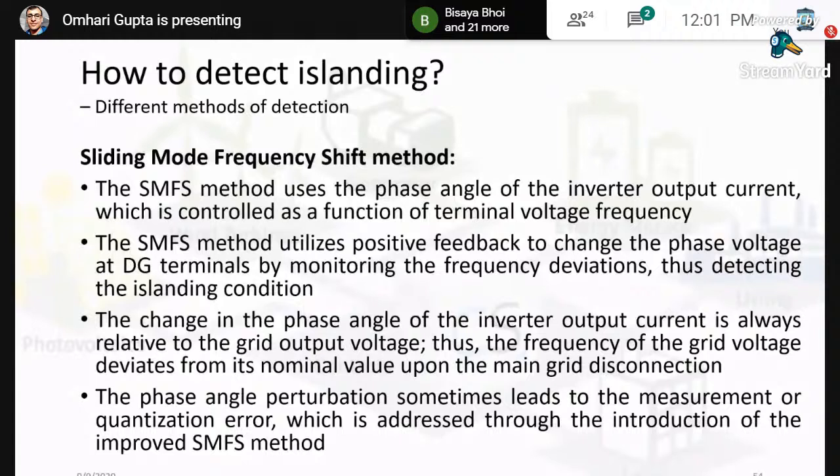Okay. The change in the phase angle of the inverter output current is always relative to the grid output voltage. Thus, the frequency of the grid voltage deviates from its nominal value whenever the utility grid is disconnected. The phase angle perturbation sometimes leads to measurement or quantization error, which is addressed through the introduction of the improved sliding mode frequency shift method.